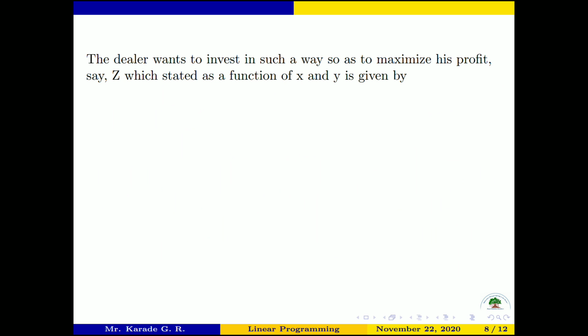If he sells x number of tables and y number of chairs, then his profit function will be z is equal to 250x plus 75y, called the objective function. So this is the goal or the profit function of the dealer.